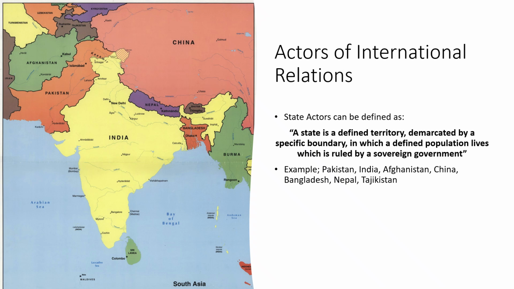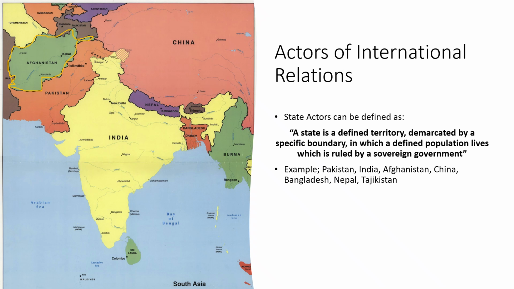Let's see. Afghanistan has a boundary. Afghanistan has a defined territory. This is the territory of Afghanistan, and this territory is demarcated by a specific boundary. This is the boundary of Afghanistan. Afghanistan shares a border with Pakistan, Iran, Turkmenistan, Tajikistan. So this is the defined territory of Afghanistan.